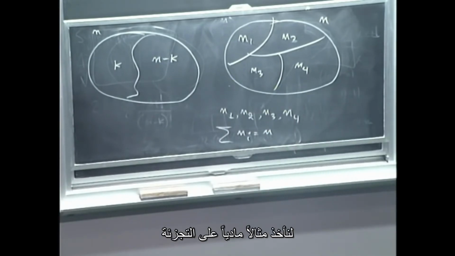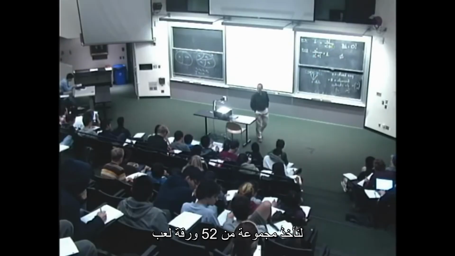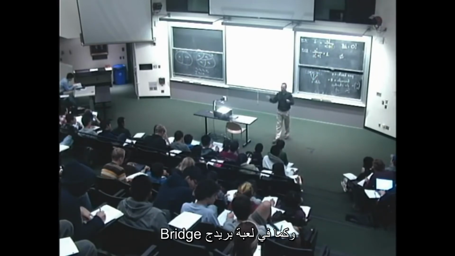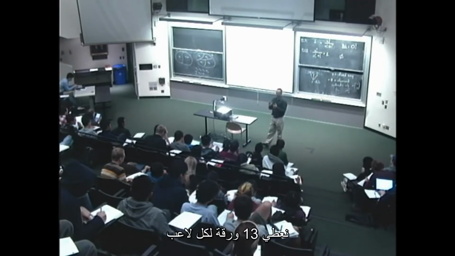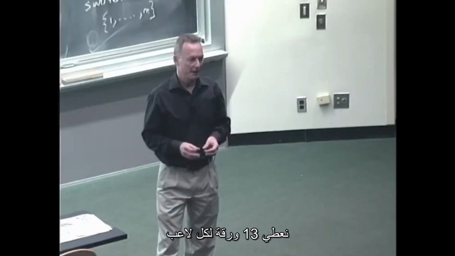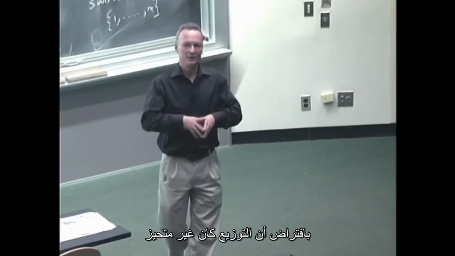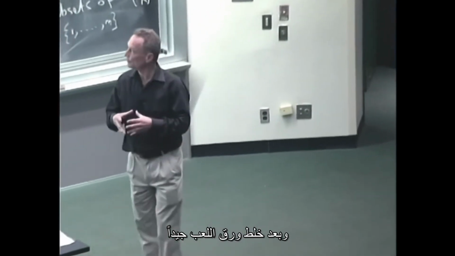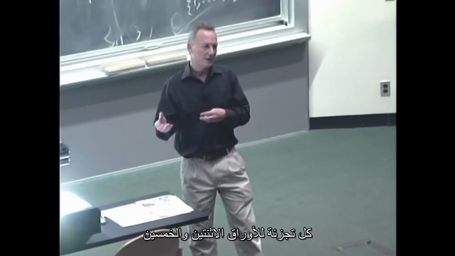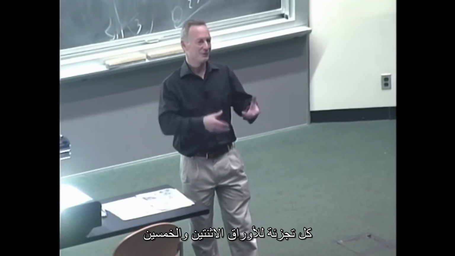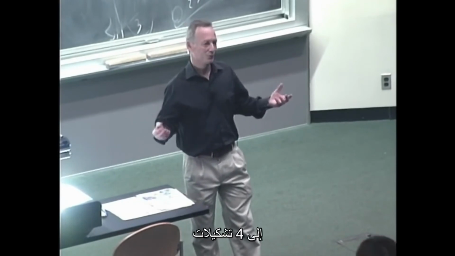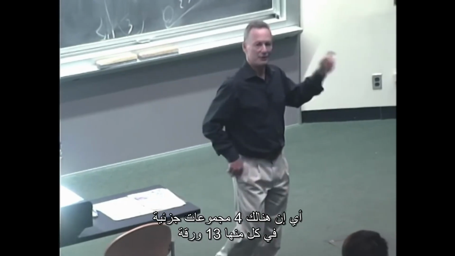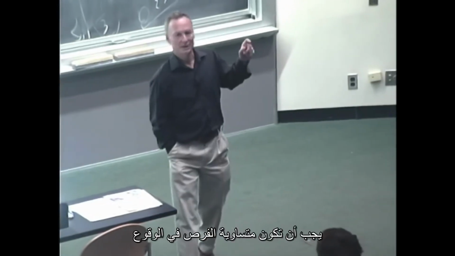For a concrete example of a partition, you have your 52-card deck, and you deal, as in bridge, by giving 13 cards to each one of the players. Assuming that the dealing is done fairly and with a well-shuffled deck of cards, every particular partition of the 52 cards into 4 hands, that is 4 subsets of 13 each, should be equally likely.